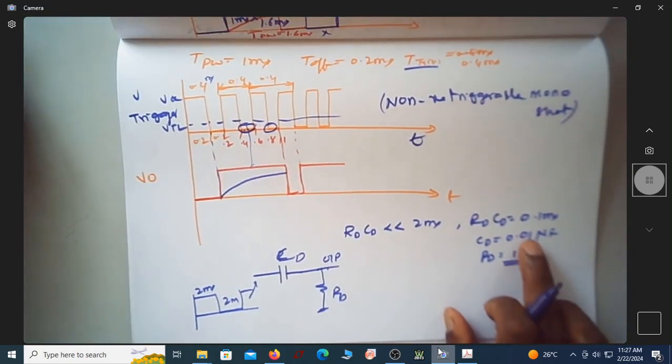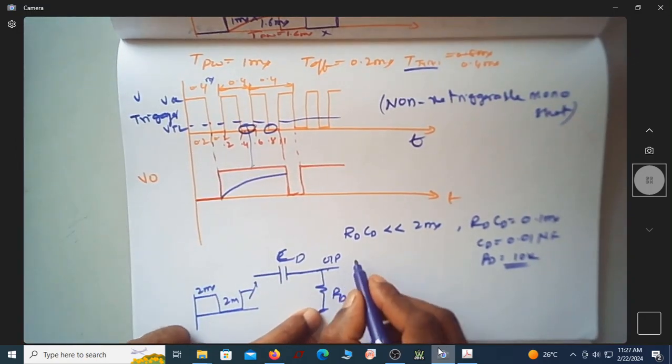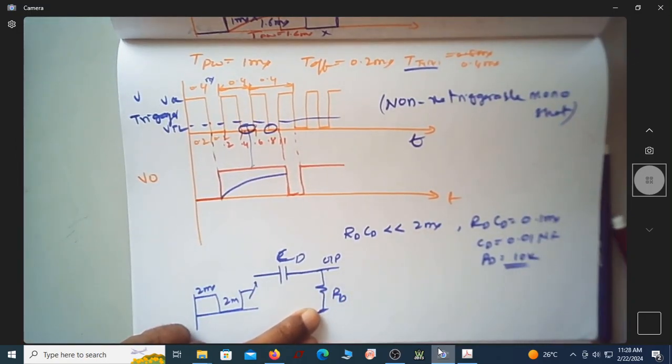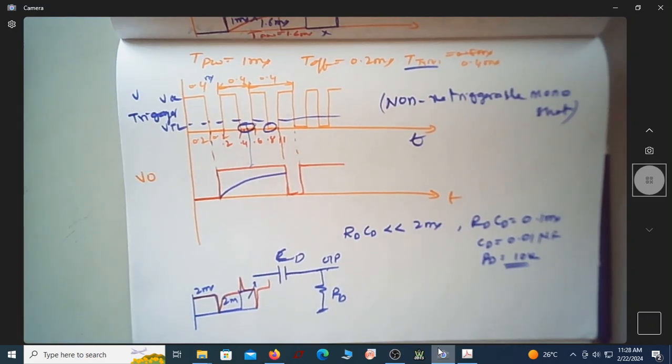So this is 10K, this is 0.01 microfarad. If I have this, the output voltage that I'll get here will go like this, and this will go like this, and this will go like this. This is the type of waveform we want to get.